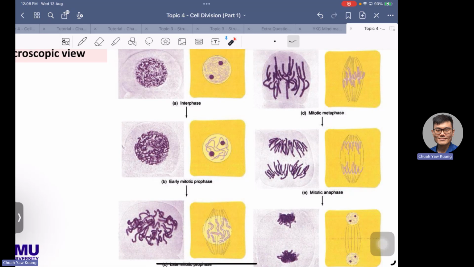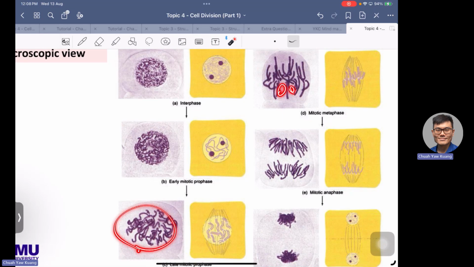So if it's hard for you to see a line, then what is the next point that you can use? Same thing, still chromosome behavior. Because they are aligned at the metaphase plate, that means some chromosomes will be long, some will be short. So you look at the space in between. You can see that the space in between the chromosomes is larger compared to this one.